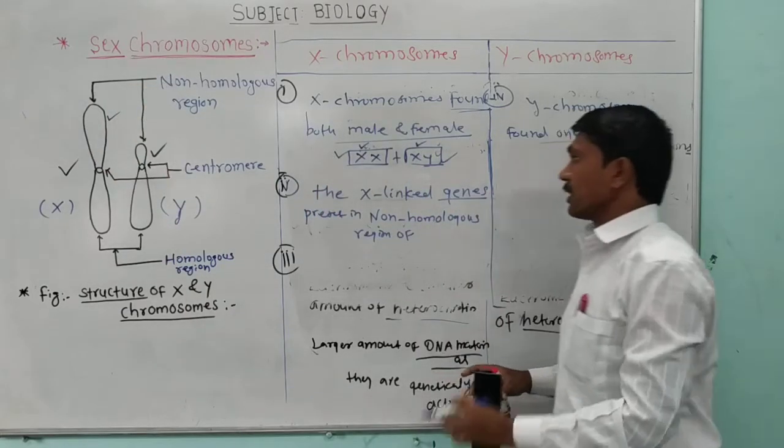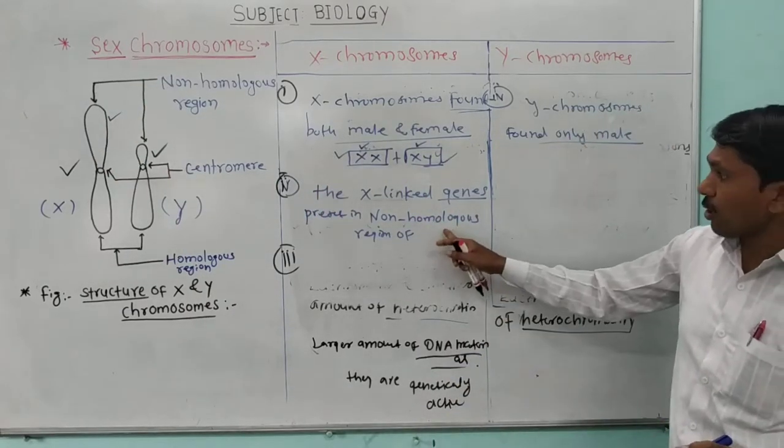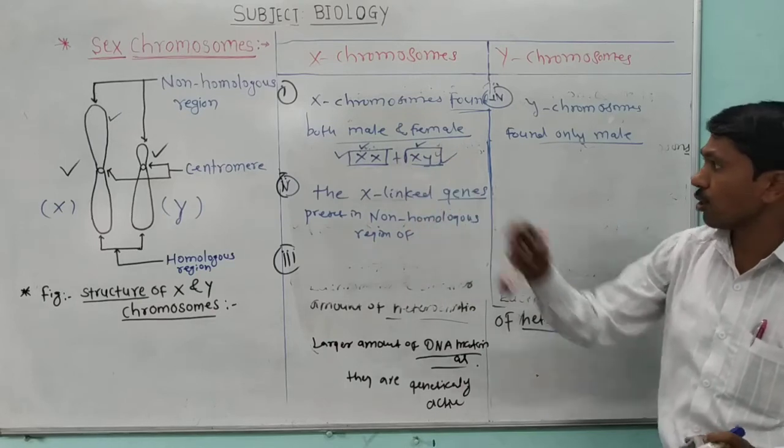The X-linked genes are present in the non-homologous part of the X chromosome.